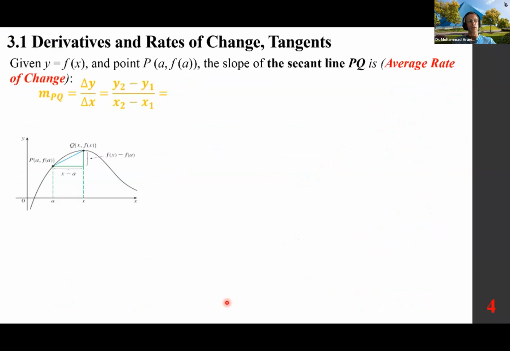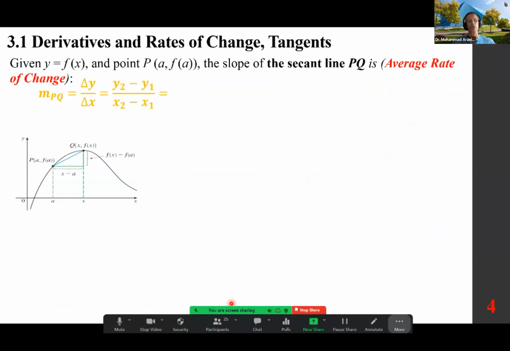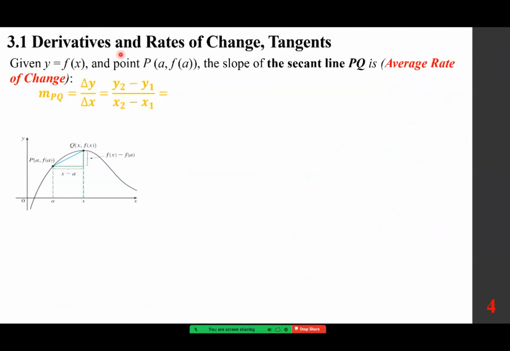And now the new stuff, we are going to look at derivatives and rates of change, or tangents. If you have the function y equals f of x, and then we have one point P with coordinates A and f of A, and then we have another point Q, one way to call it would be x and f of x.